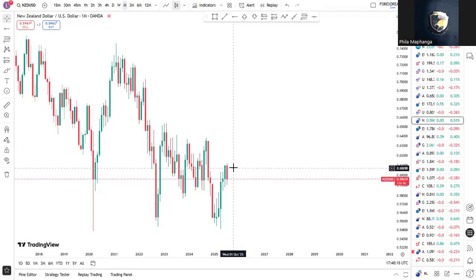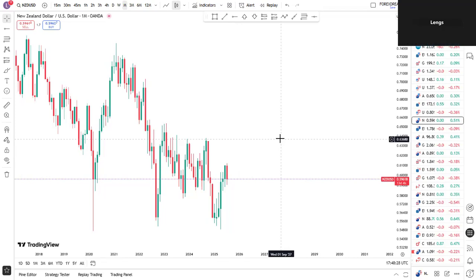So if this is our monthly chart, what do you guys see from this monthly chart? Our support, and I also see the continuation pattern. Okay, please highlight the support that you see.